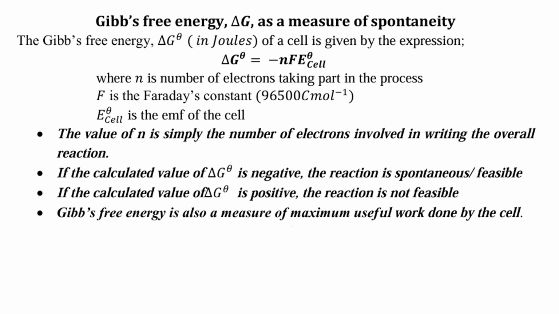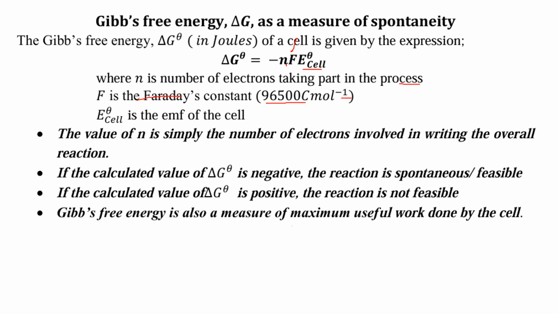So with that being covered, we're going to proceed to the next subtopic, which is the calculation of Gibbs free energy. Now Gibbs free energy is simply calculated by negative number of moles of electrons times Faraday's constant, multiplied by the EMF of the cell. Here n is the number of electrons taking part in the process overall, and F is the Faraday's constant, which is 96,500.